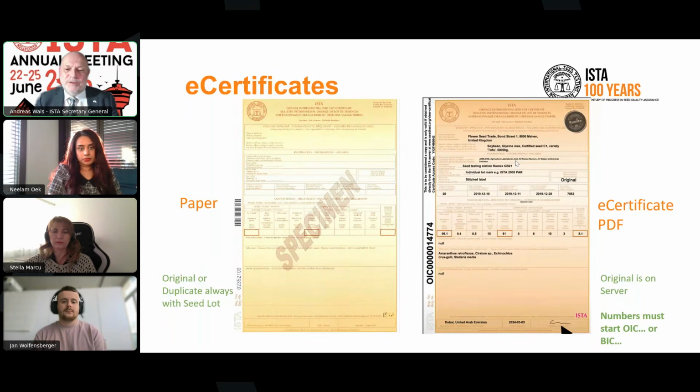And for the e-certificates on the right-hand side, there's only one original, which is on the server, and if you have a provisional, that number is not changing. So you need only one e-certificate per original, and you can also use this before as a provisional certificate.